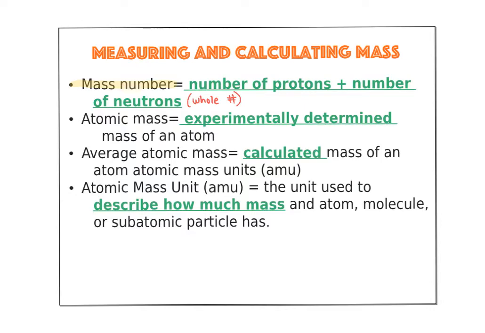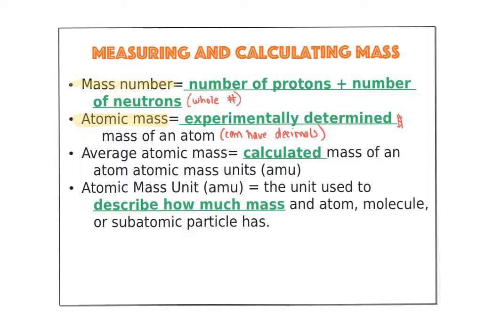The atomic mass is experimentally determined, and we're finding the mass of an atom. So if I give you the atomic mass, this number might have some decimal points because it's experimentally determined. What I say to kids for this one is this basically happens in fancy, shiny lab equipment that costs a lot of money.